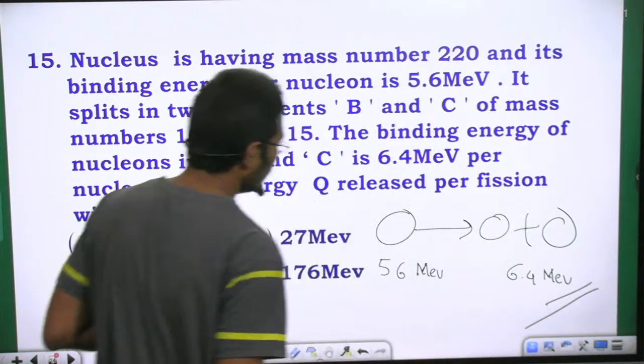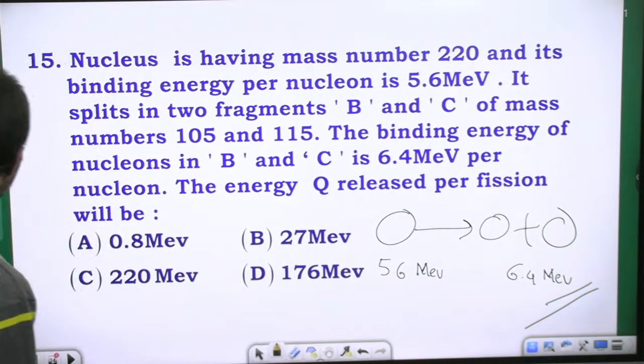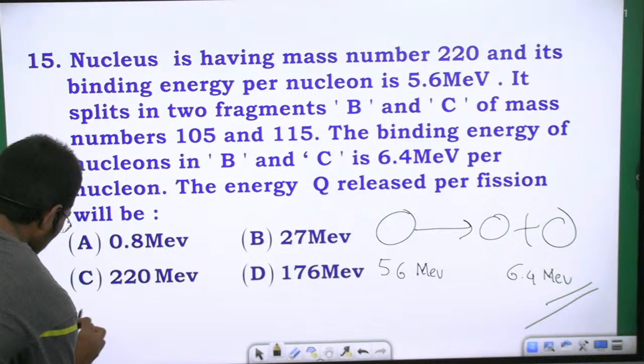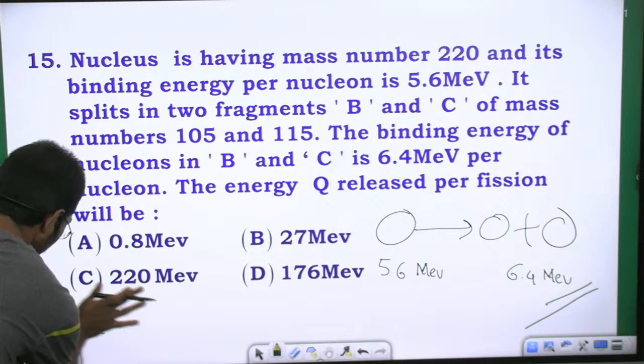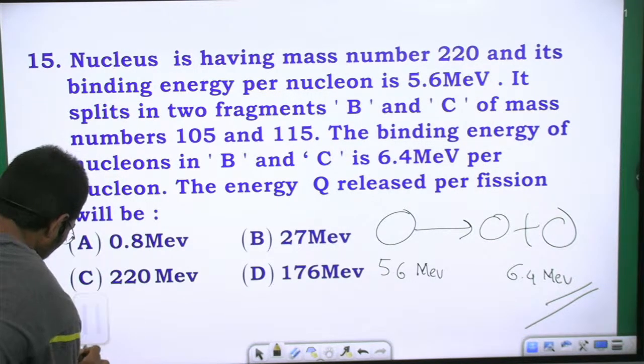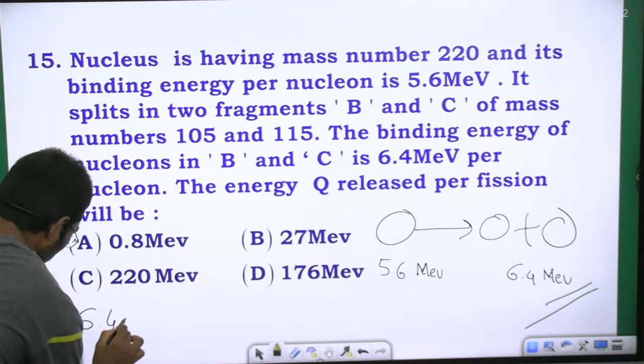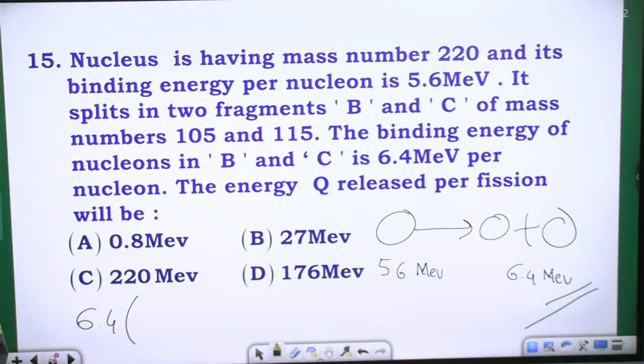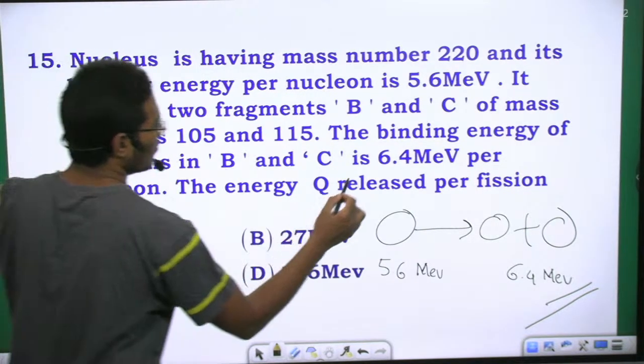So how do you find the total energy in case 2? Finally, 6.4 into, this is 6.4 million electron volt per nucleon.